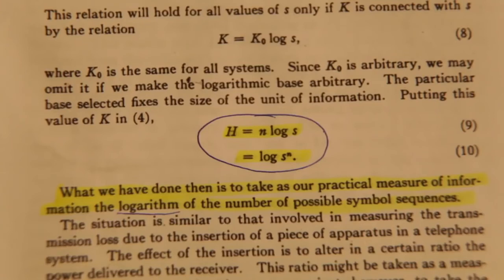And this can also be written as H equals the logarithm of s to the power of n. And Hartley writes, "What we have done then is to take as our practical measure of information the logarithm of the number of possible symbol sequences." So information is the logarithm of the message space.